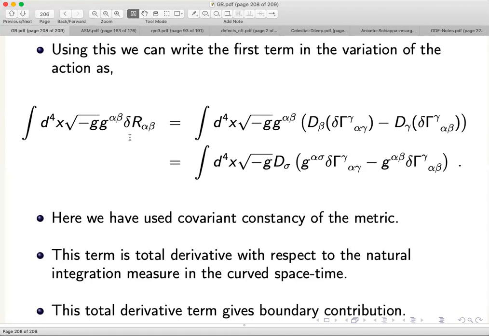Now you would say, what if I look at a variation which does not vanish at infinity? Then of course you will have to worry about the boundary contribution. In that case the problem is a little different, because you have a boundary variation, and your variational problem itself is not well defined. For the principle of variation to be well defined, you need to add a boundary term to the action which will take care of the boundary variation of the Einstein-Hilbert action.